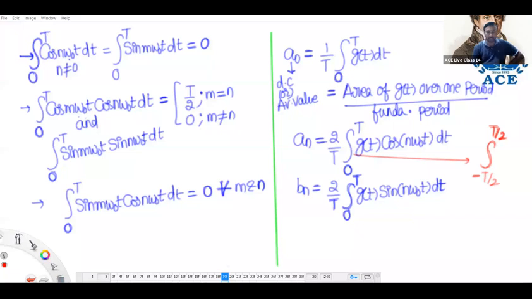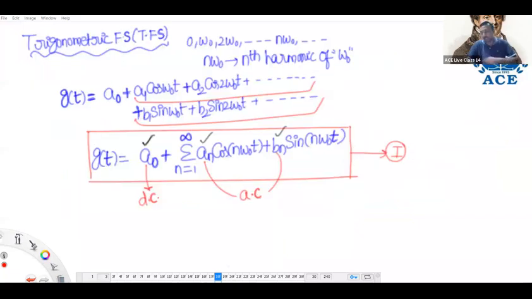First go through it, everyone. Any practical periodic function that can be generated has this Fourier series form. Please go through the expression.